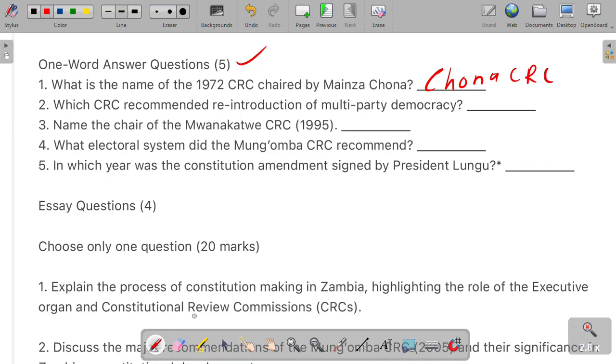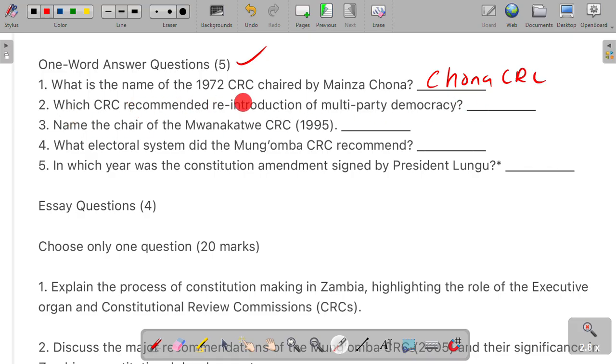Chona CRC. Okay, let me write that properly. Chona CRC. Question 2. Which CRC recommended the reintroduction of multi-party democracy?